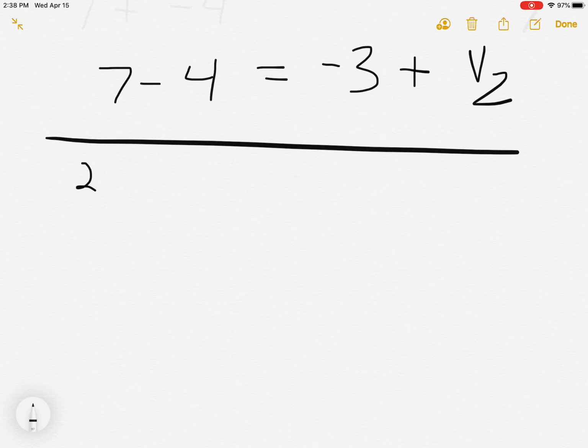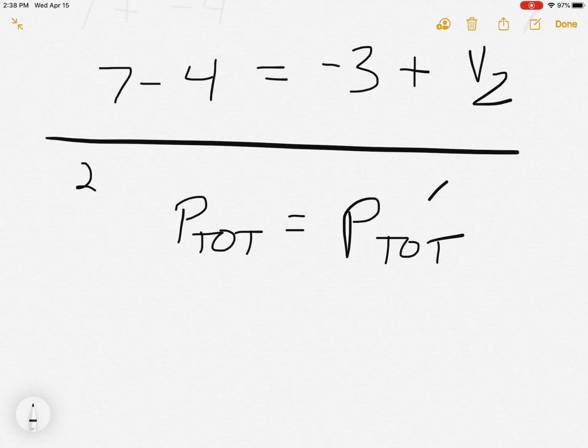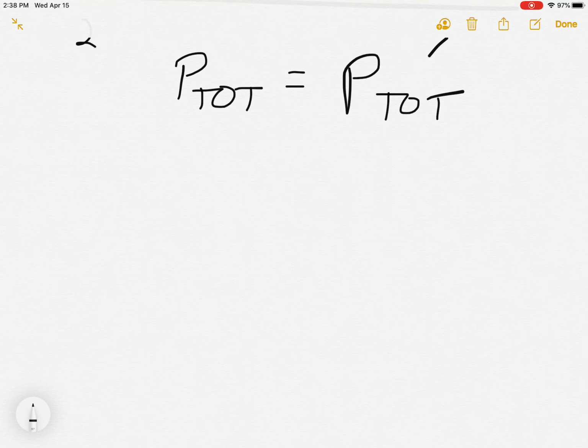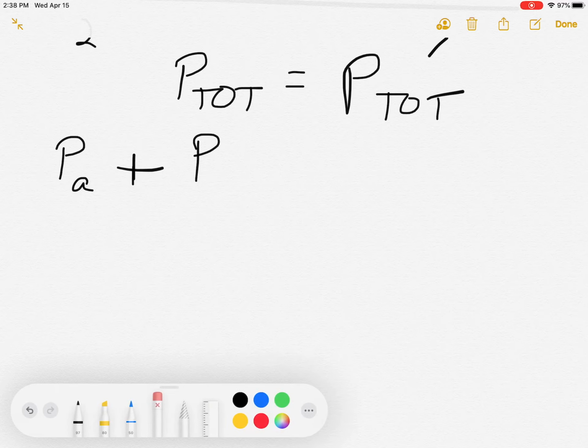Question 2, the arrow emerges on the other side of the apple with a velocity. Again, P total before equals P total after. Momentum before equals momentum after. And the way we do that is we set it up again. The momentum of the apple and the momentum of the arrow, unfortunately, arrow and apple both start with A, so that's confusing.